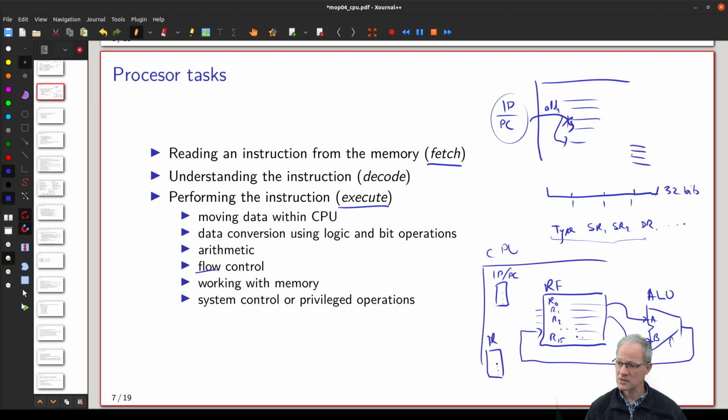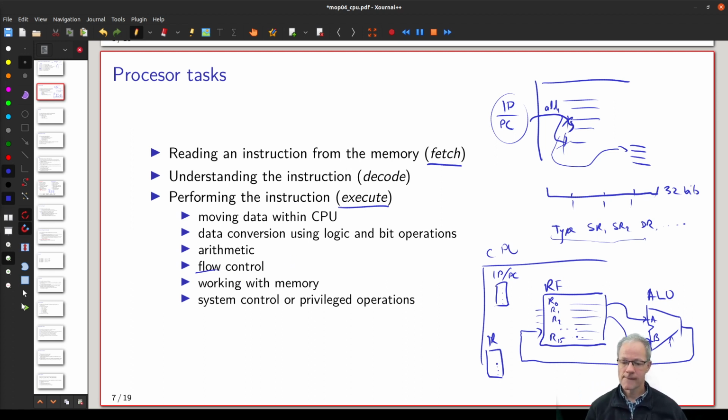Let's say we have a function somewhere here. We want to call this function. We need to jump over there. So that's called flow control, right? How the program's execution flows. It could be sequential, instruction by instruction, or it could loop, it could jump, it could call some other instructions.